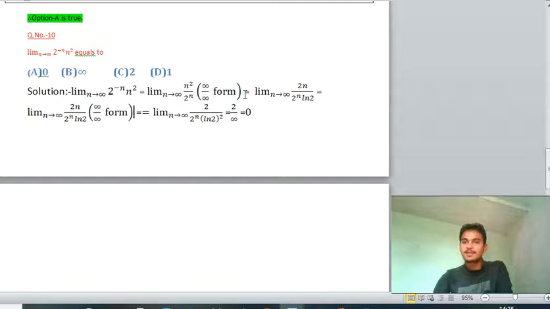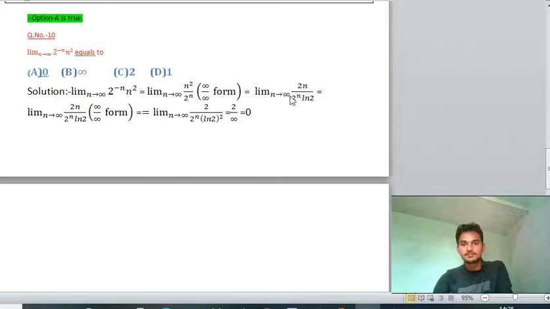So according to L'Hospital's rule, we find the derivative of the numerator and of the denominator. The numerator is n square, and we find the derivative of n square with respect to n, which is 2n. The denominator is 2 to the power n, whose derivative is 2 to the power n ln 2.